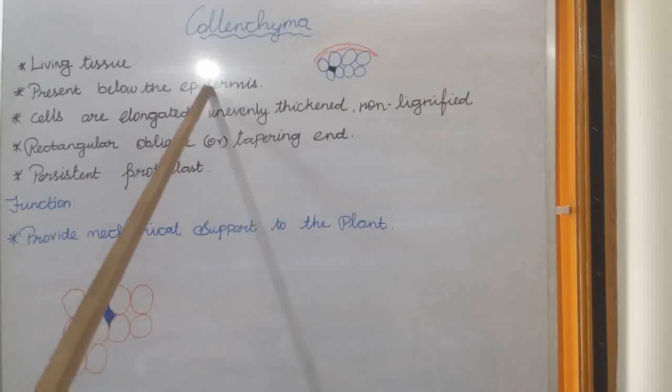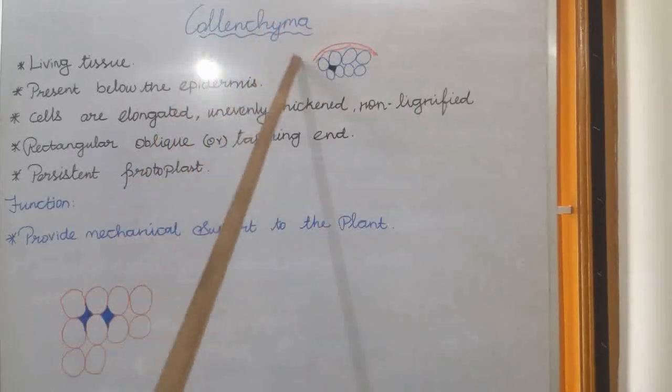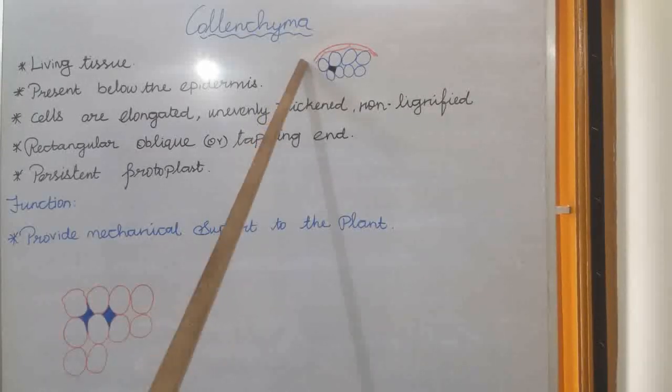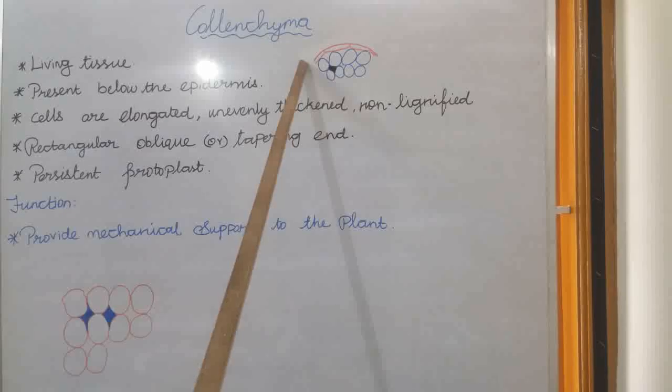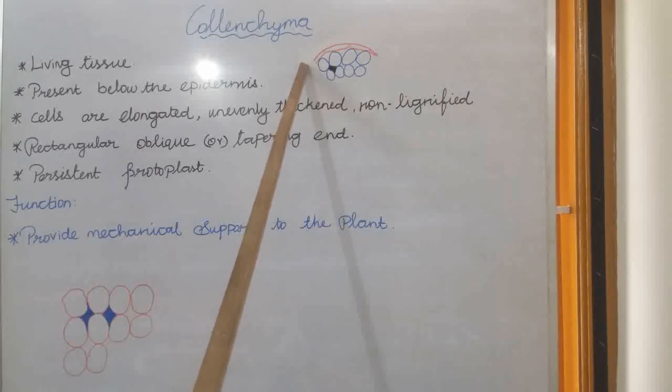Okay, no problem. I will tell you about the epidermis layer. What is anatomy? The study of the internal structure of an organism. That branch is called anatomy. In plant anatomy, we study the internal structure of root, stem and leaf.